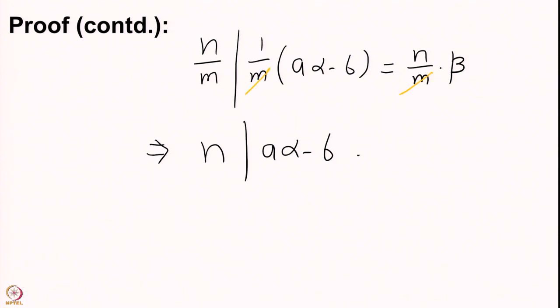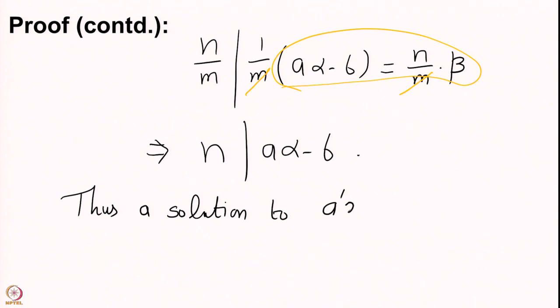So, these get cancelled, therefore, we have A alpha minus B is n into beta, and therefore, n divides A alpha minus B.